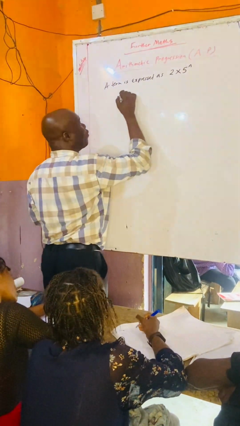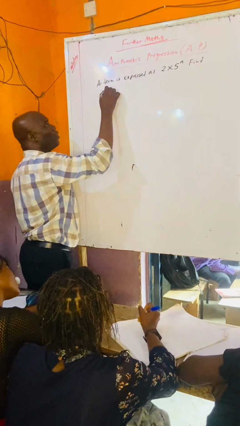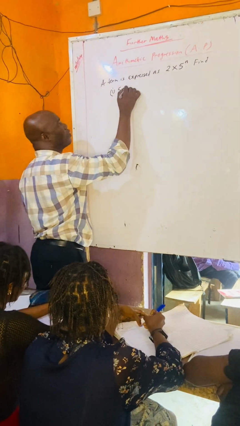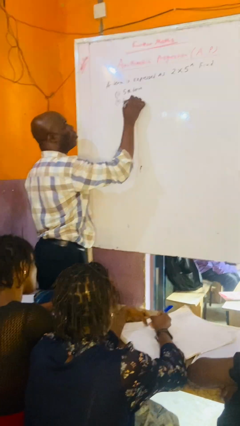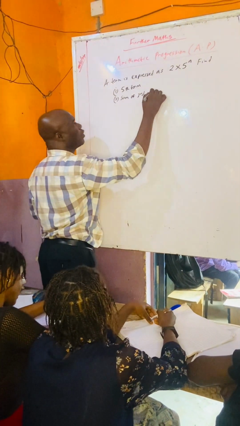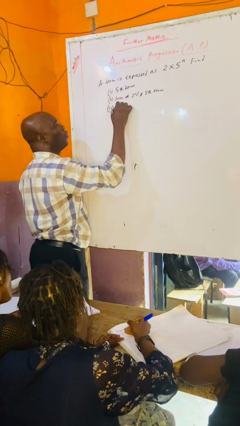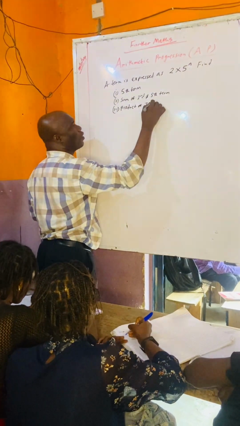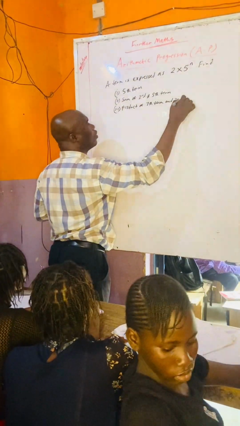So now it says find the fifth term, sum of third and fifth term, product of seventh term and third term.